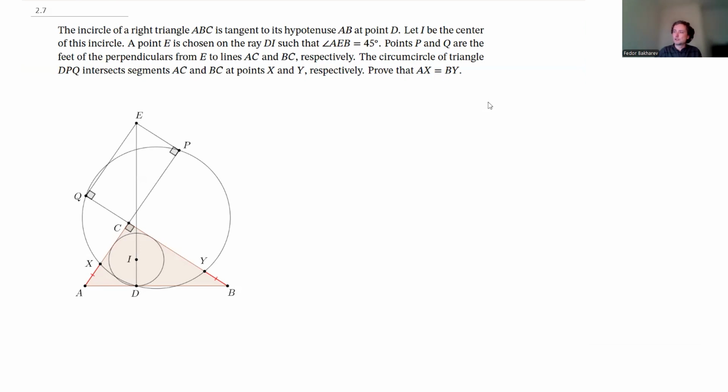So, for example, I think that all of you know the following formula for the area of a triangle. If you have a triangle and you have the inradius of the triangle, then the area of the triangle is the semi-perimeter of the triangle times r. So this is (a plus b plus c) over 2 times r.